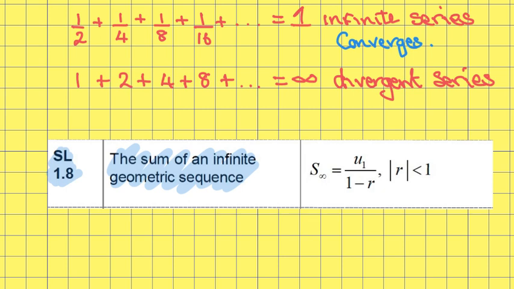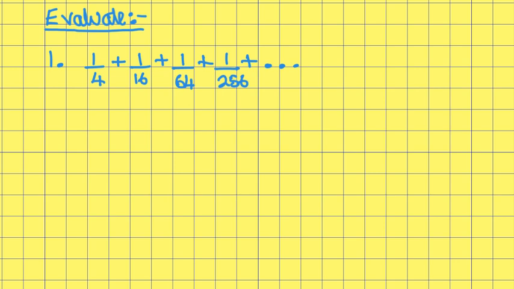This only works for geometric sequences, and the sum to infinity is equal to u1, remember, which is the first term, divided by 1 minus r, which is the common ratio, and the common ratio must be between -1 and 1, but it can't actually be -1 or 1. Now let's go through a few examples.